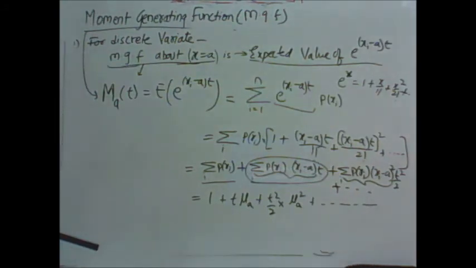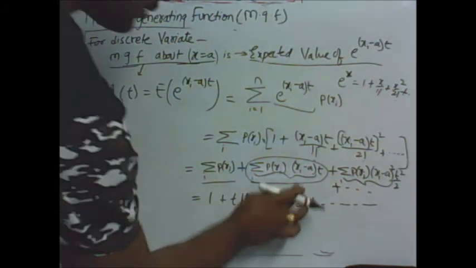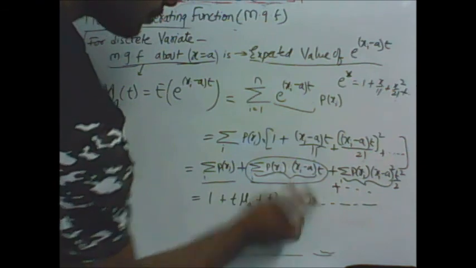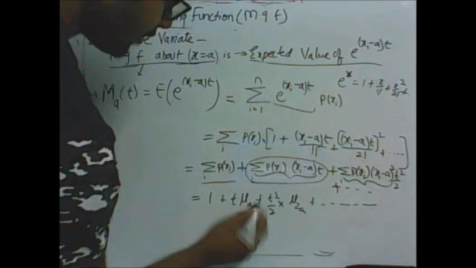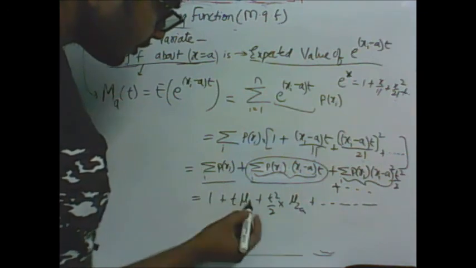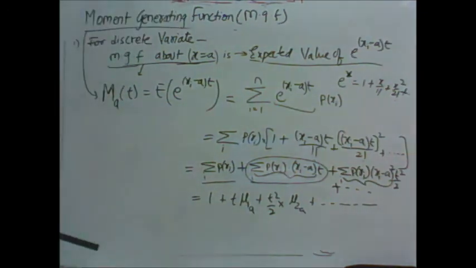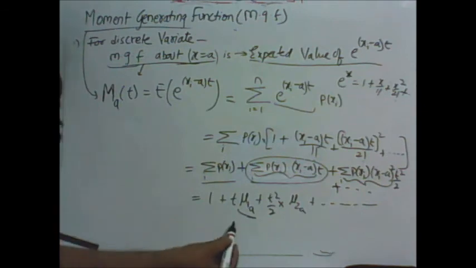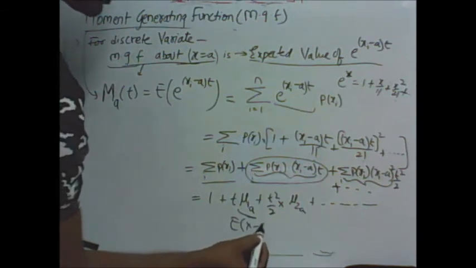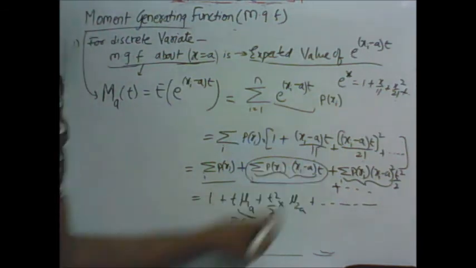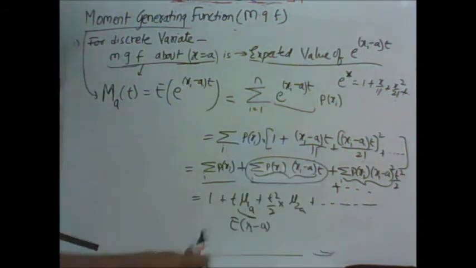Hope this concept is clear for you all. Or else, to avoid confusion, instead of writing i upside I will write it downside only. Second moment about a, first moment about a. This is nothing but expected value of x minus a, or xi minus a.